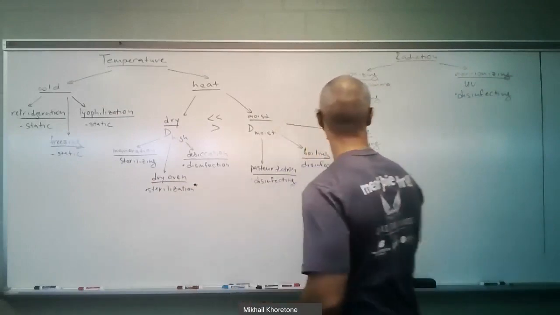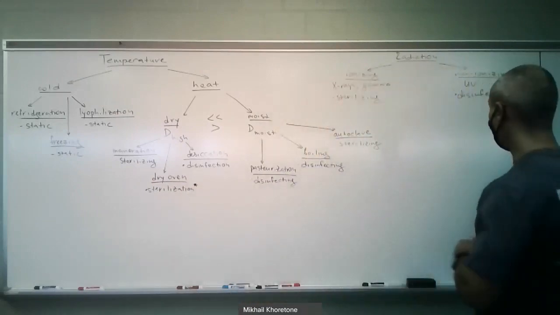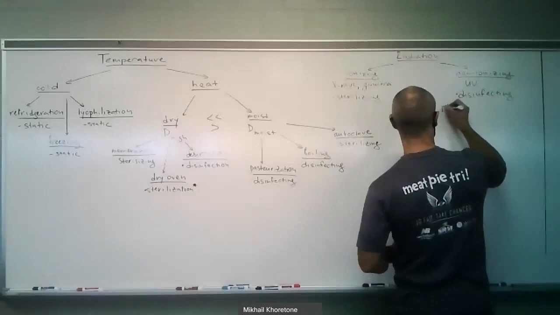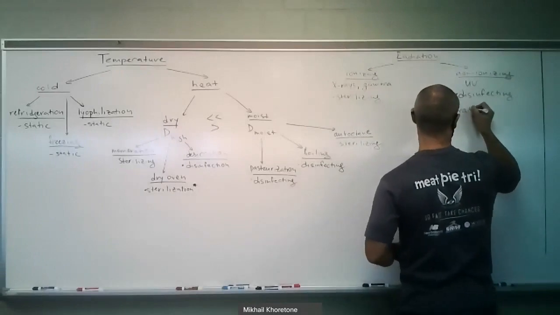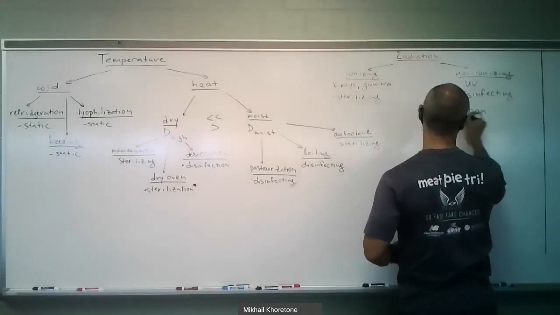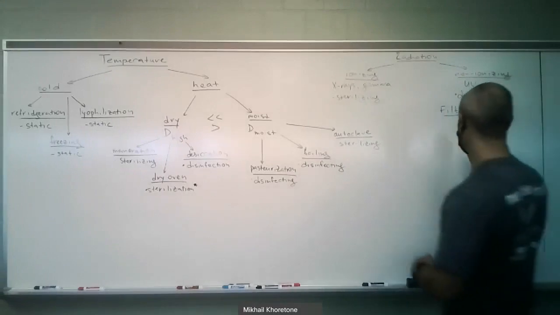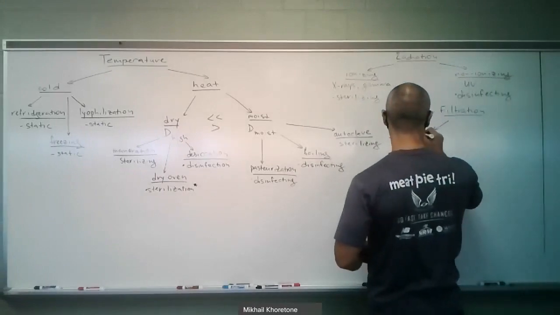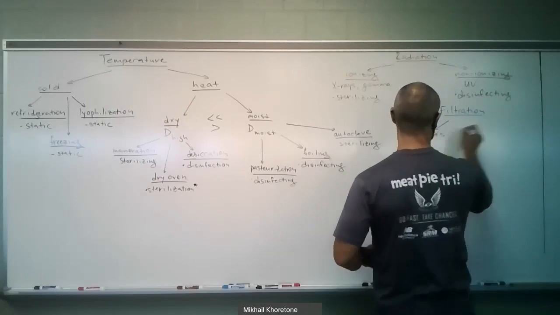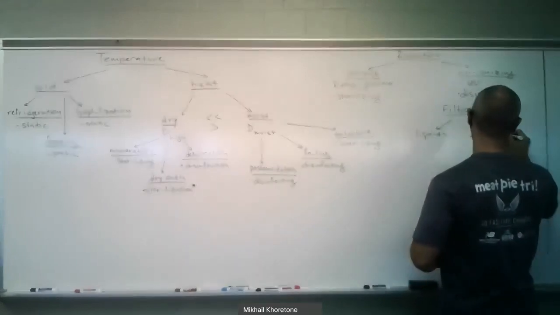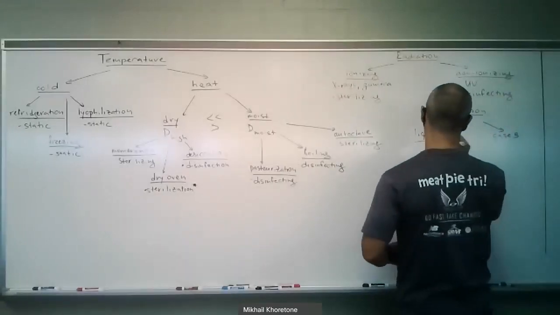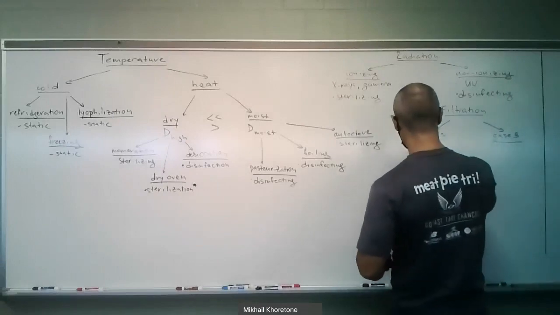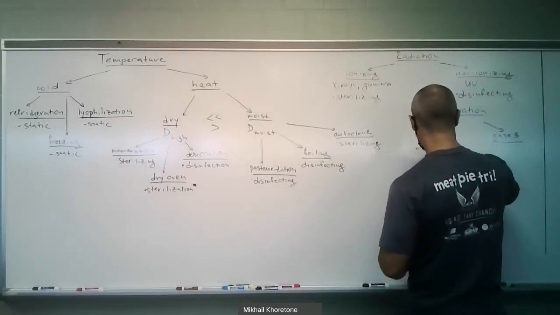Third method of microbial control, physical method, is filtration. Okay, so that's going to be for liquids and gases. Okay, so that's going to be membrane filtration.